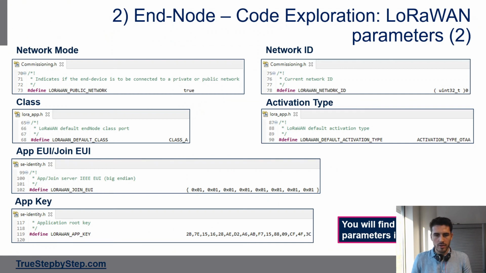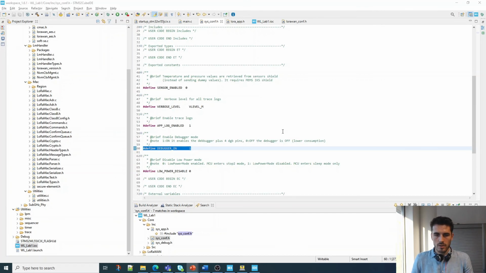I'm not going to go through everything. I'm just going to show you this slide again. If you want, you can check all of these parameters. Now that we have made these changes, I am going to load the code again.